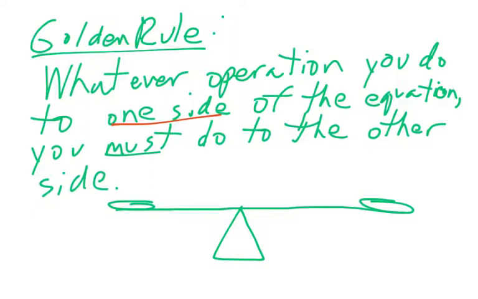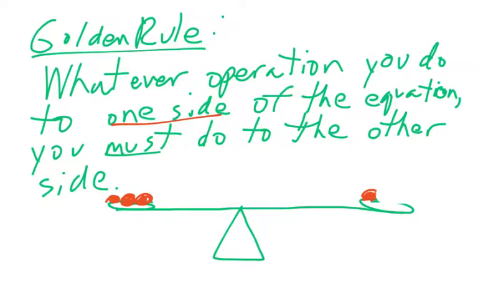So let's say we're assuming that these are basketballs, and they are exactly the same basketball and exactly the same weight, and try not to laugh at my drawing ability. All right. So let's say I have three basketballs of equal weight on each side. Well, let's say that I take away two of these basketballs on the right-hand side.